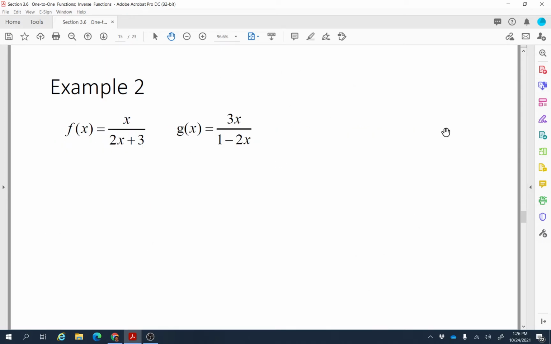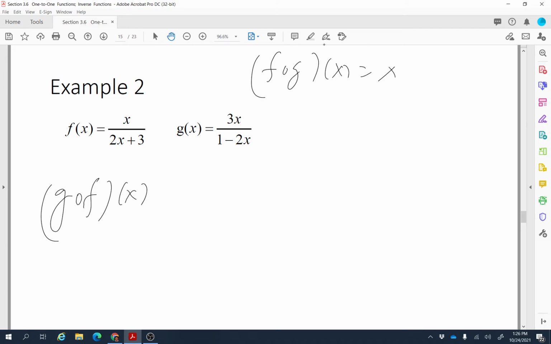So from one side we already found that f composite g of x equals x. Now we need to find g composite f of x, which is the value of the second function when x is replaced by f of x.